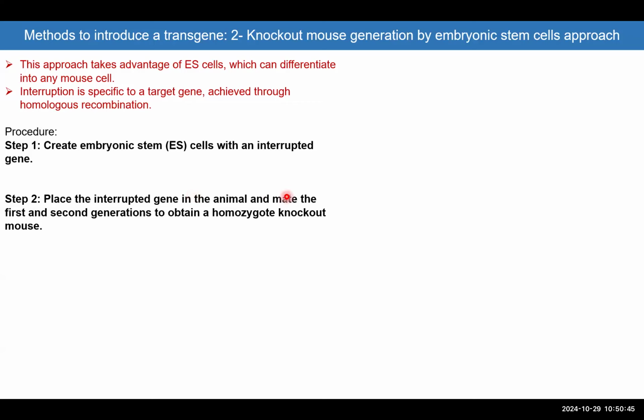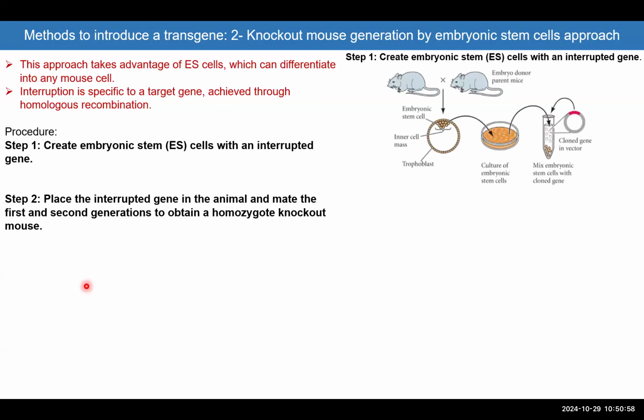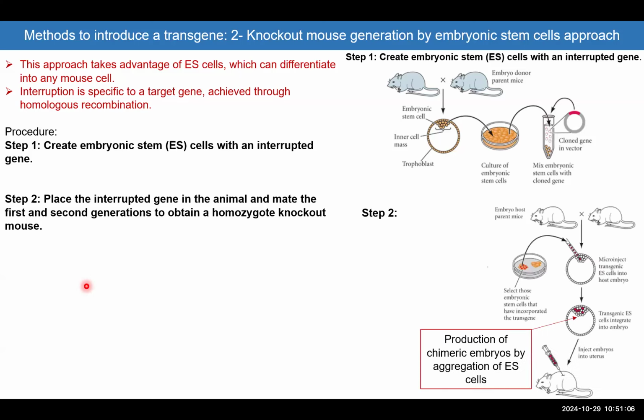And after that, we have to mate the first, second generation to generate that homozygote knockout. Now, probably some of you have not taken genetics, to explain what is homologous recombination, I will discuss this in the next slide.